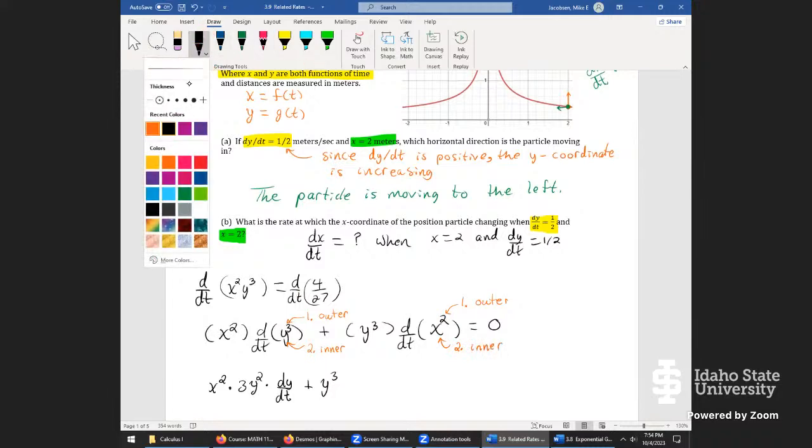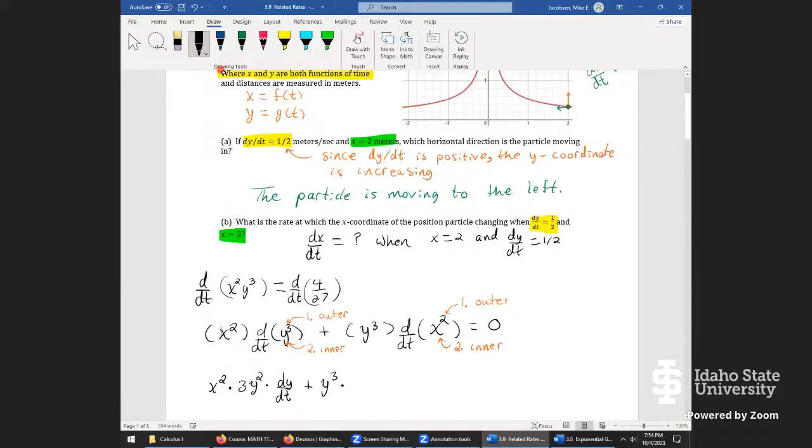So differentiating this one will become, we copied our y cubed, 2 comes down for x. The new power was 1, so I'll just leave it as an x. The chain rule says, now multiply by the derivative of the inner function. That will be a times dx/dt. And the whole thing is set equal to 0.